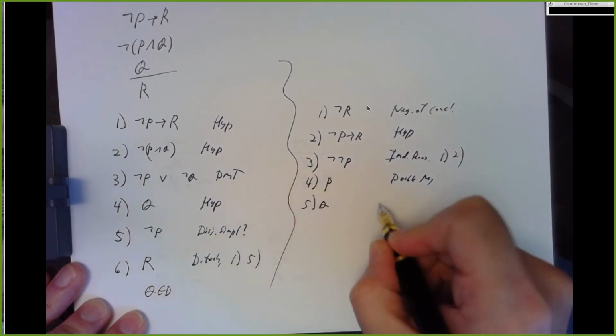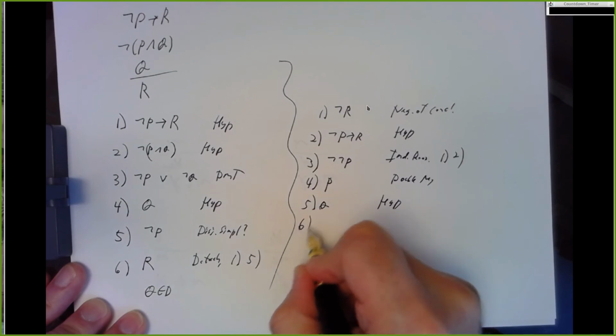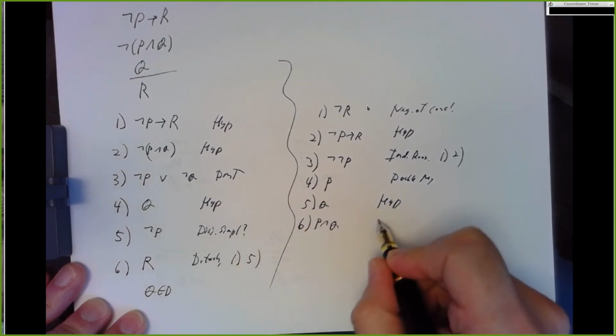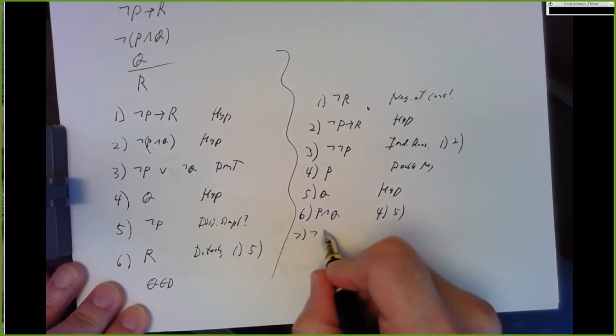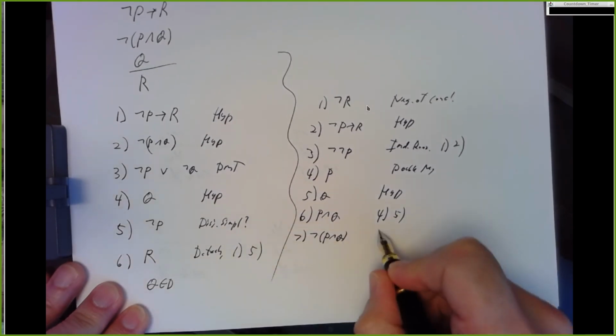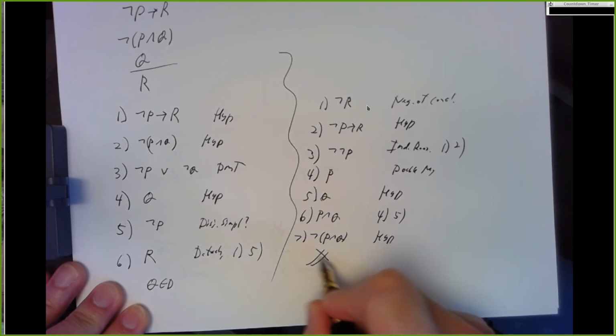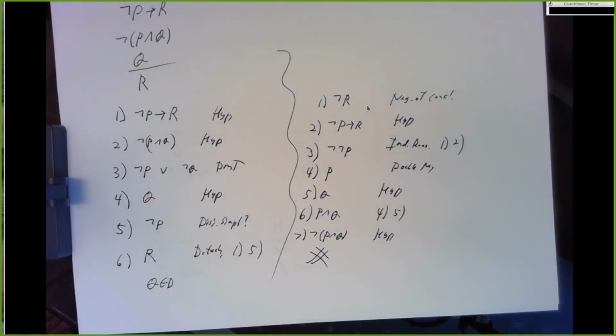And I also know Q because that's a hypothesis, which means I have P and Q, and that's statements 4 and 5. But I also know not P and Q, and that's a hypothesis, and that's enough to say contradiction. And I'm okay saying contradiction right there.